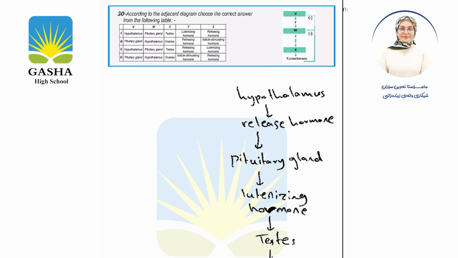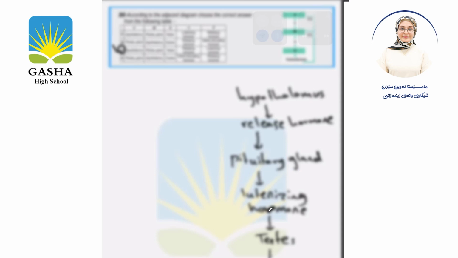B, pituitary gland is the start. This is false because the starting point is not the pituitary gland. C, hypothalamus, pituitary gland, yes, true. Testes, releasing hormone and luteinizing hormone. Yes, C is the true answer. D, pituitary gland, again started with the pituitary gland, which is a false start. So the true answer for question 30 is C.